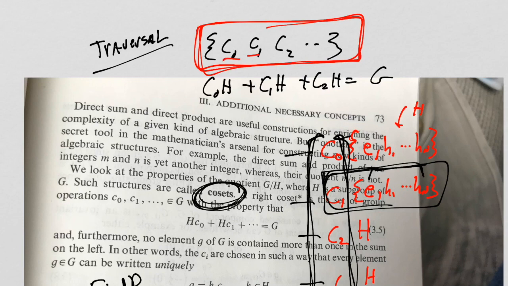Remember, these are group elements. These are all elements of G. So he says you can create this coset under his definition and choose these elements in such a way that they form a group. And that group is called the factor group, right? By this normal subgroup. There's still a normal subgroup involved, right?